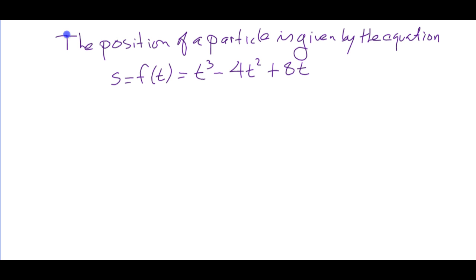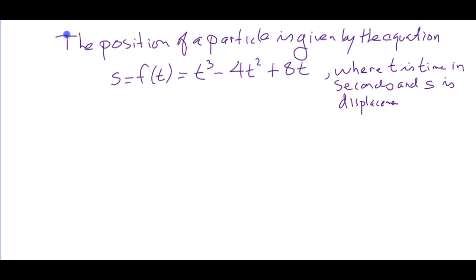So the position is given by s equals t cubed minus 4t squared plus 8t, where t is measured in seconds and s in meters. So velocity.